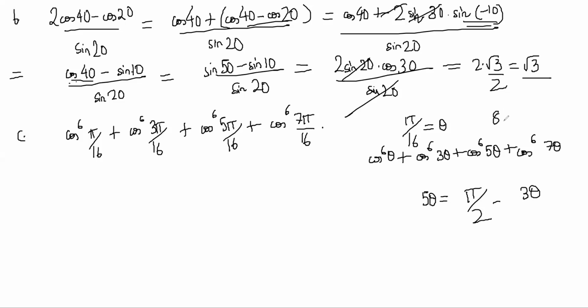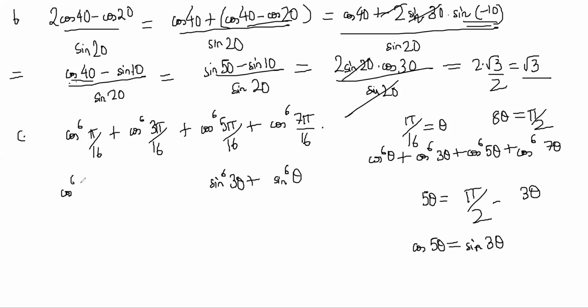So cos 5 theta will be sin 3 theta, so this one I can write as sin power 6 3 theta, and cos 7 theta will be sin theta, so sin power 6 theta.